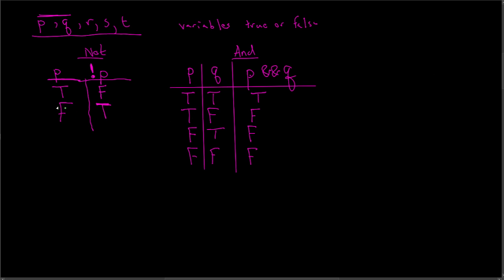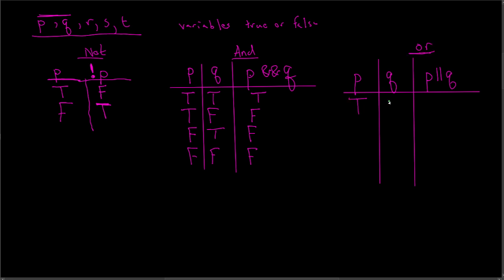Let's do a similar thing with a truth table for the OR operation. So I'll draw my columns here. And I can have P, Q, P or Q. And this is OR.